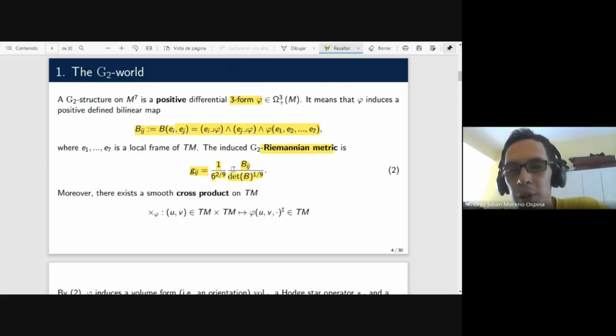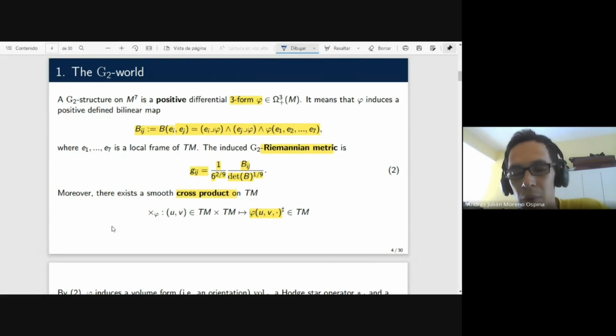Another important geometric structure induced by the 3-form is a cross product on the tangent bundle. The definition uses, of course, the 3-form.